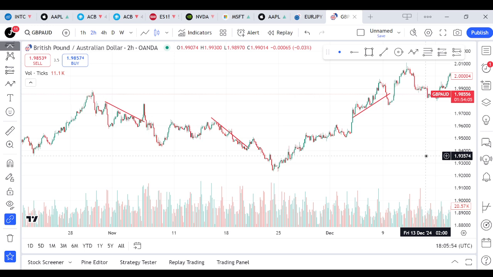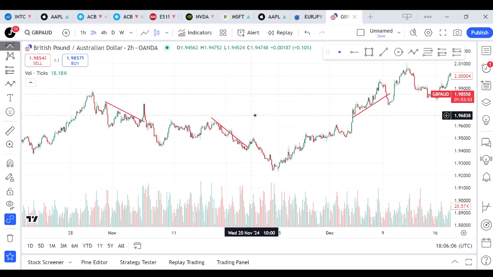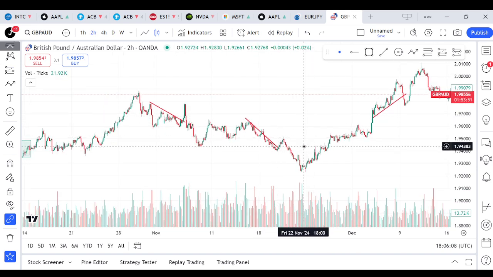So what is a fake breakout? A fake breakout is a situation in trading where the price moves beyond a key support or resistance level, but then quickly reverses direction. This can mislead traders into thinking that a new trend is starting when in fact it is not. Understanding fake breakouts is essential because they can lead to significant losses if you enter a trade based on false signals.